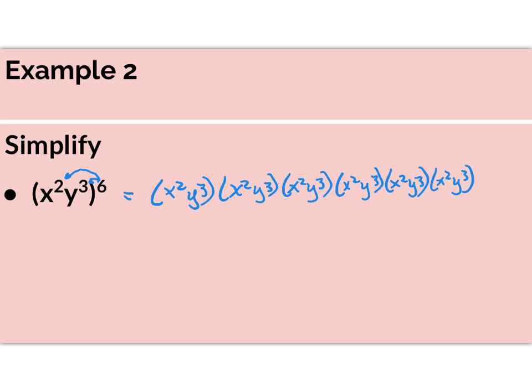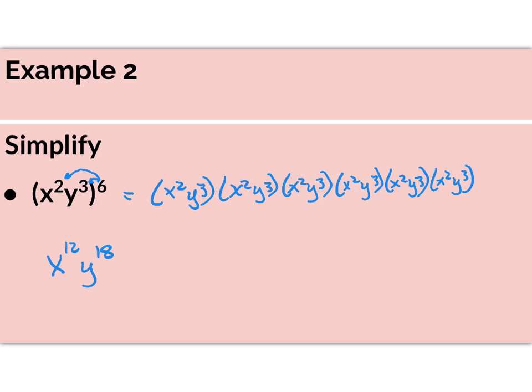And we know when we multiply from the first 2 videos, you just add the exponents, or when we raise a power to a power, we multiply. So we get 6 times 2 is 12. We get x to the 12th, and then 3 times 6 is 18, and y to the 18th power. So that's how you would simplify that.